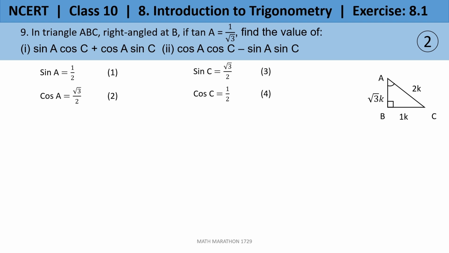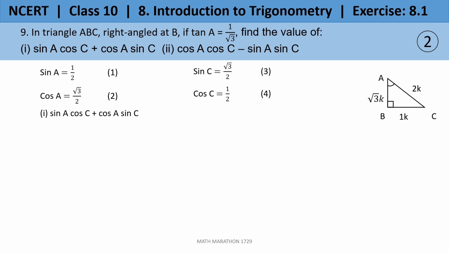Now, we have the following. Sin A is equal to 1 by 2. Cos A is equal to root 3 by 2. Sin C is equal to root 3 by 2. Cos C is equal to 1 by 2. Now, let us calculate section 1.